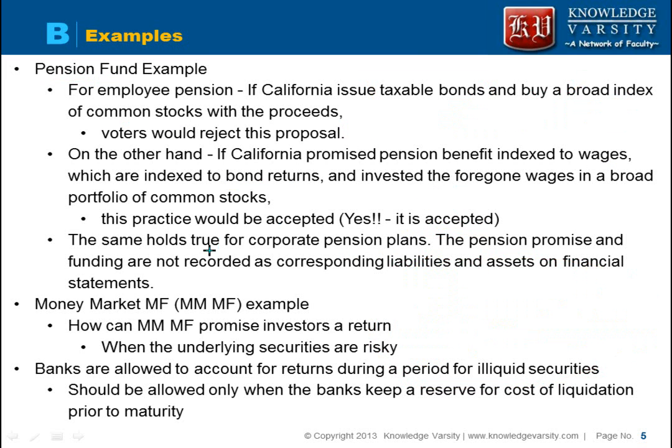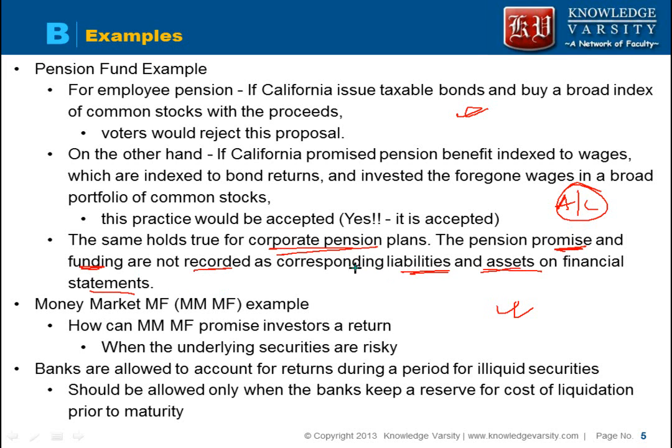So what they say is the same holds true for the corporate pension plan also. The issue is that as per the accounting, this would be treated separately and this would be treated differently. The pension promise, that is the future payments that you are making, and the fundings are not recorded as liabilities and assets on the financial statements.